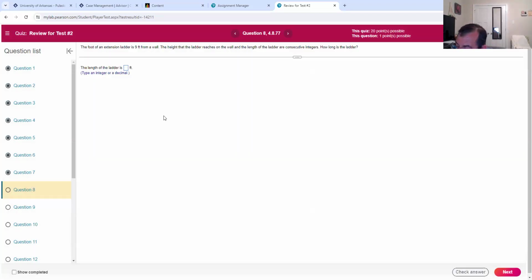We got the ladder. So let me write down what I got. The foot of my extension ladder is 9 feet from a wall.